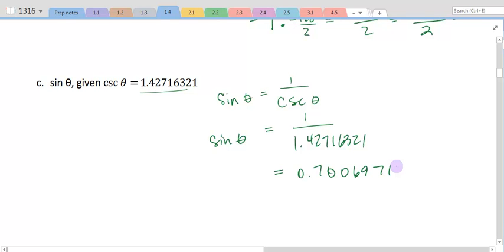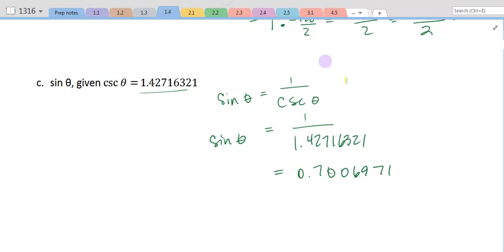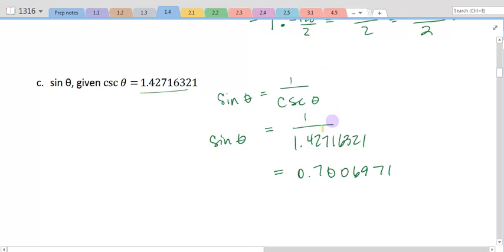And that's how I would do it on my calculator. First, I rewrite. I want to be sure you understand. I'm going to rewrite the reciprocal in this way right here, and then let the calculator do the division.